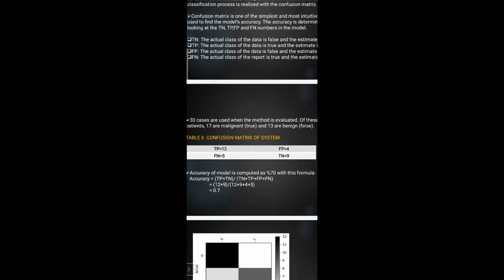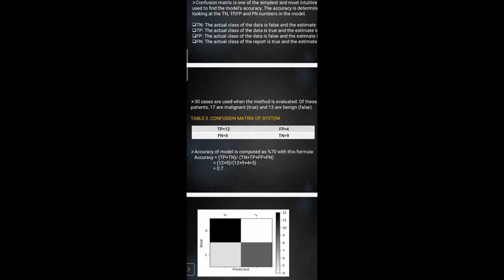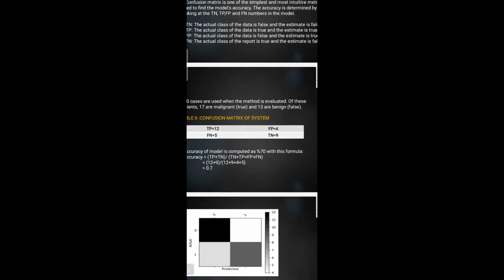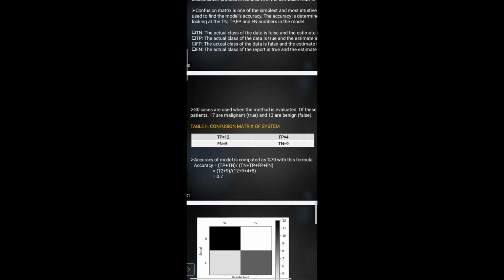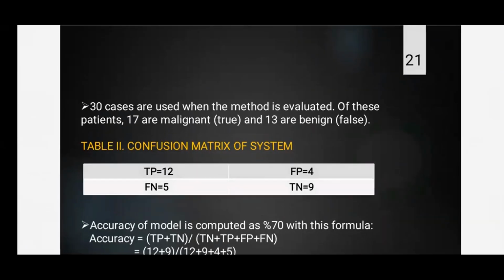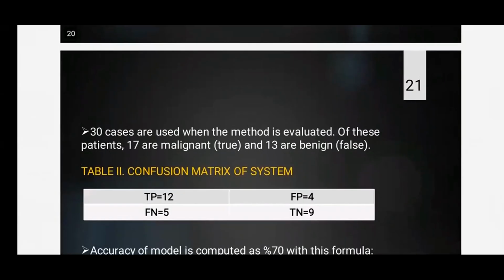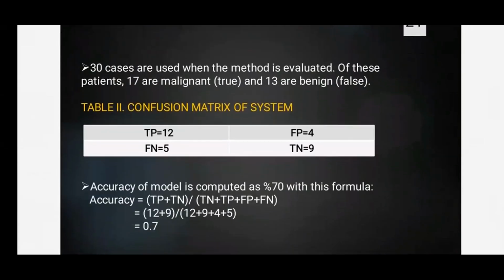The screen sharing will show whatever you are looking at on your desktop or mobile. Slide number 21. What is this TP, TN, FP, FN? Here in the same slide. What is that?